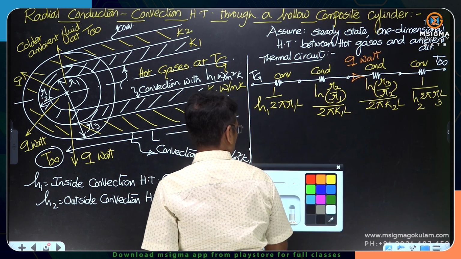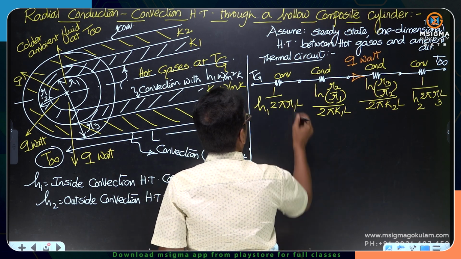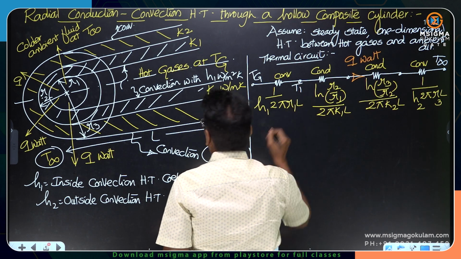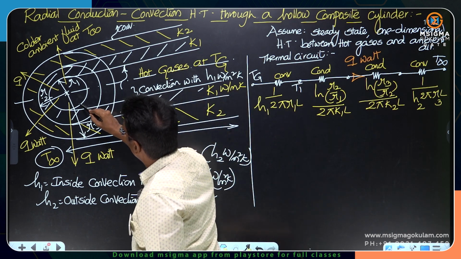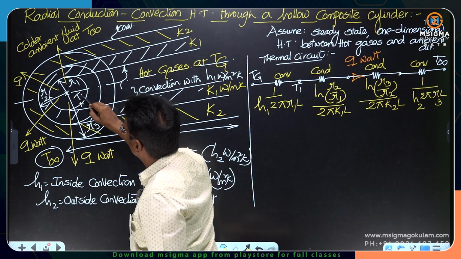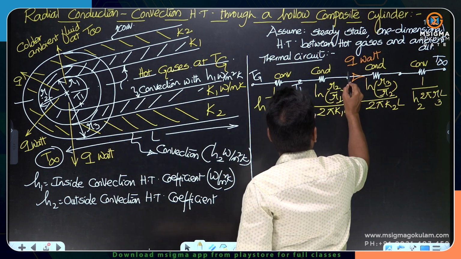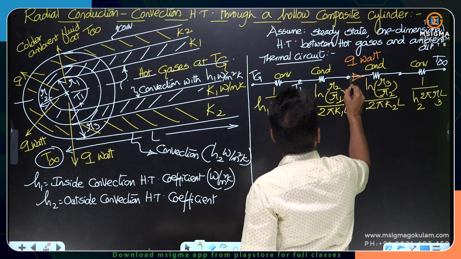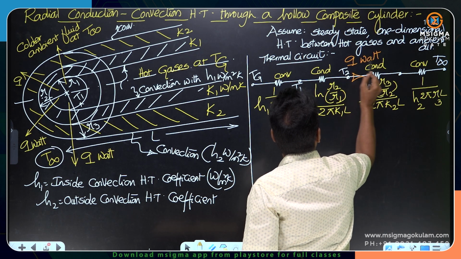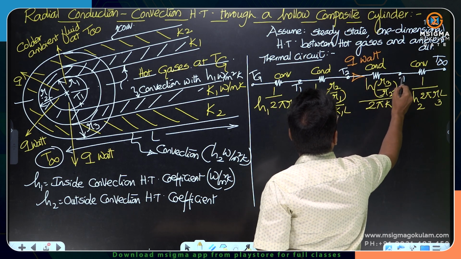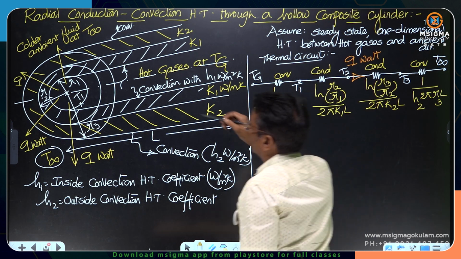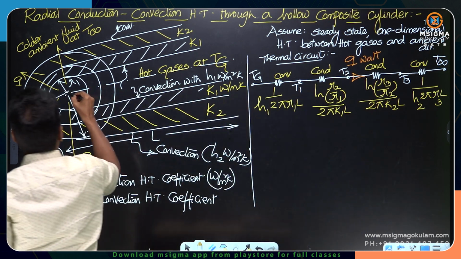These terminals are marked as, look at this, T1 at the innermost surface. The junction temperature may be T2. The outside surface temperature may be T3 here. At r equal to R1, the temperature is T1.